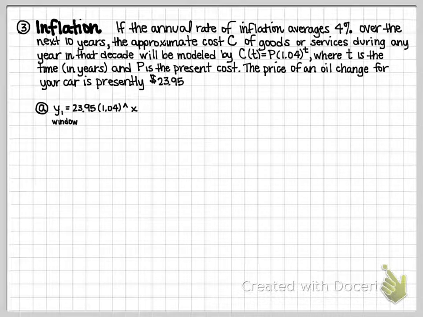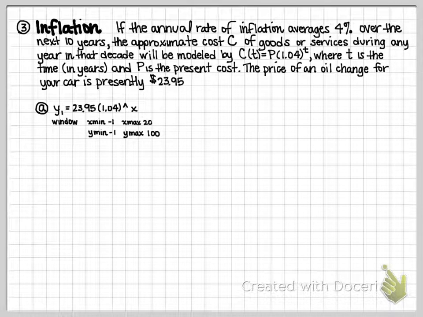So I did my x min at -1, and then my x max at 20, because I know the next question asks me to take a look at the 10, so I wanted to see it. For my y min, I started thinking about money again, so I'll do -1. I just want to be able to see the axis. And then for my y max, I figured I'd go 100 and see what would happen.